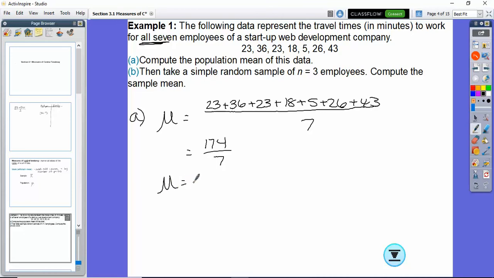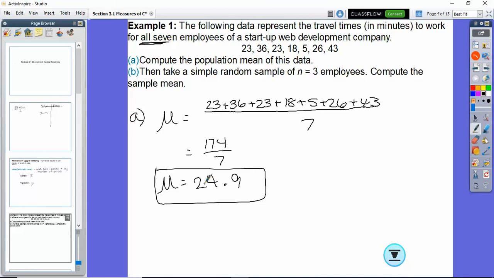So our population mean, I got 24.9 approximately. So the average commute time is almost 25 minutes.